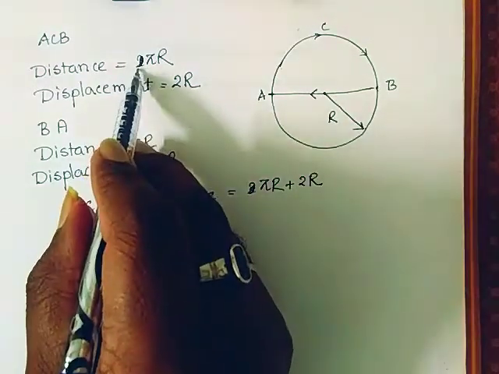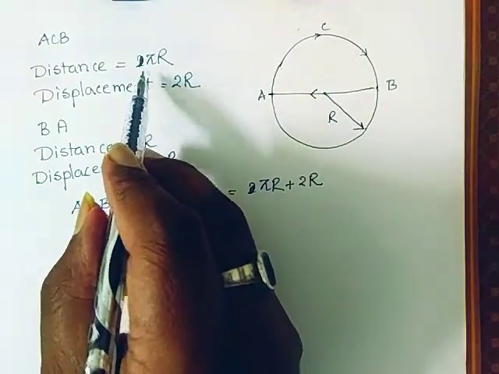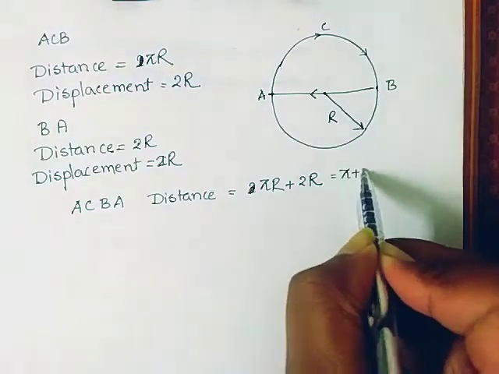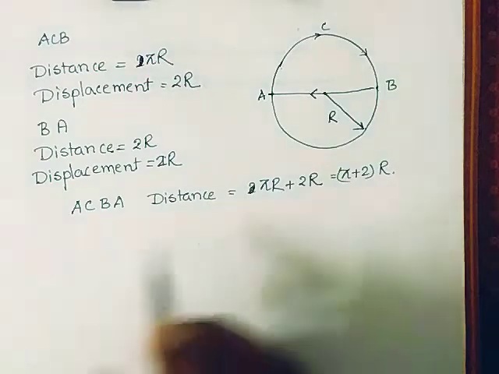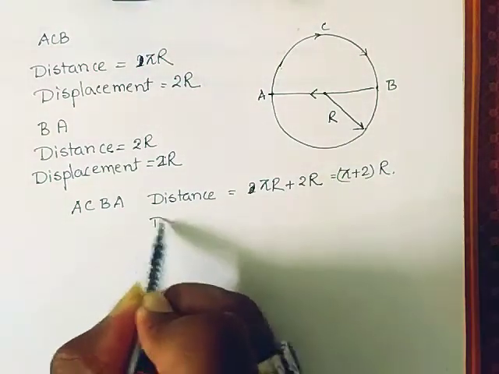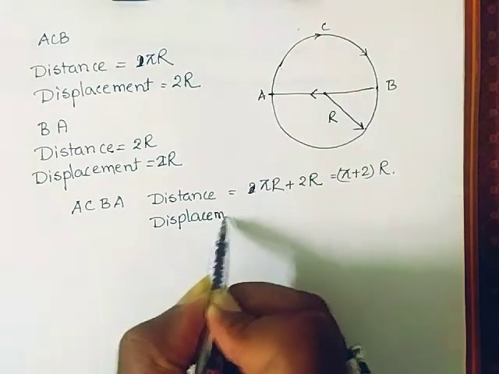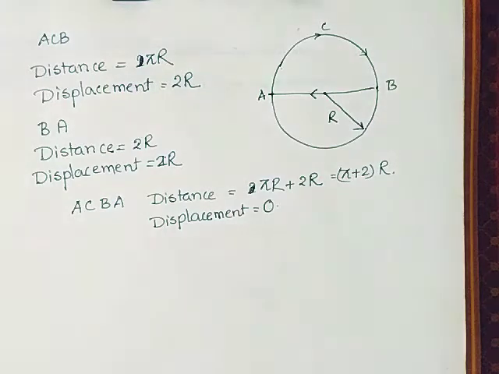Here also the distance is greater than that of the displacement, so the distance becomes pi r plus 2r. Now displacement again returns back to the same point, so displacement is 0 here.